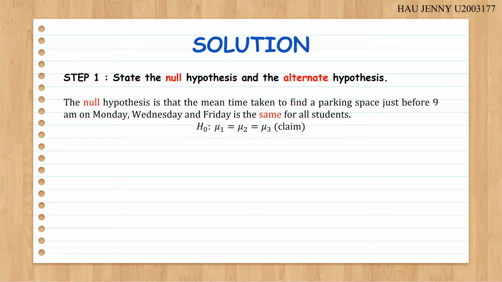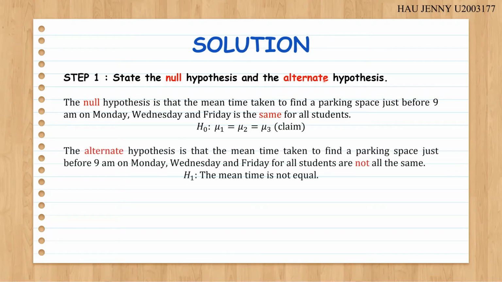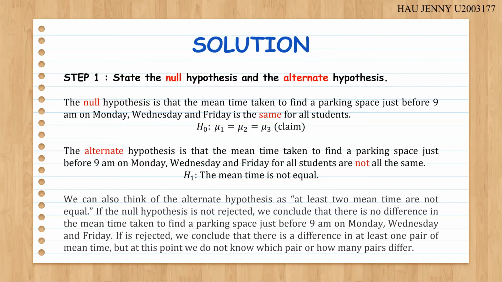What about the alternate hypothesis? The alternate hypothesis is that the mean time taken to find a parking space just before 9 a.m. on Monday, Wednesday, and Friday for all students are not the same. This means H sub 1 is that the mean times are not equal. In an alternative way, we can also think of the alternate hypothesis as at least 2 mean times are not equal.